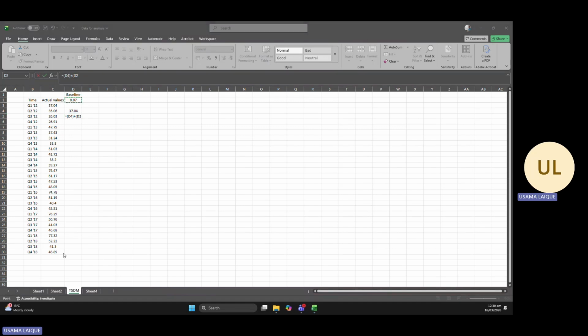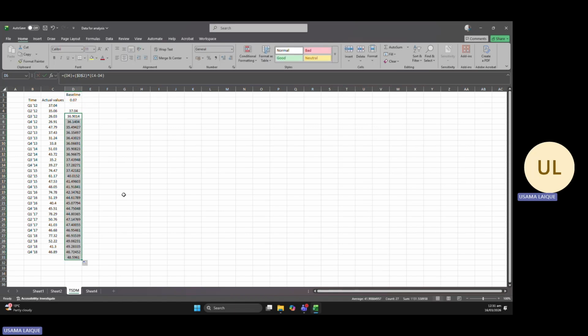So click F4, and it will be fixed like this, with the dollar sign, fixing the reference. Then A subscript t minus 1 minus F subscript t minus 1, and that is the first value of the baseline using the exponential smoothing equation. And here you go. Extend it across, and you've got your baseline.